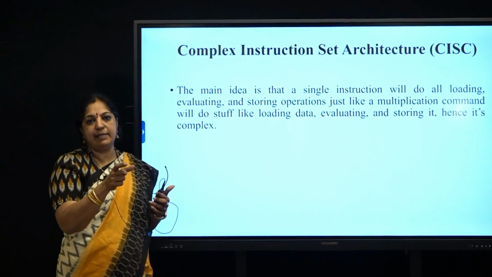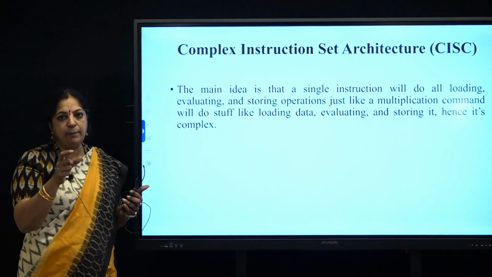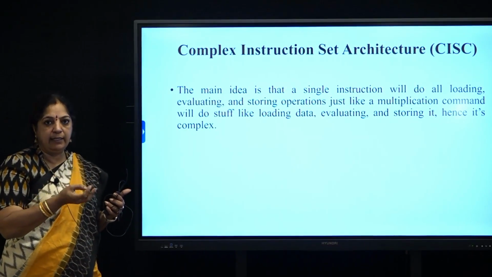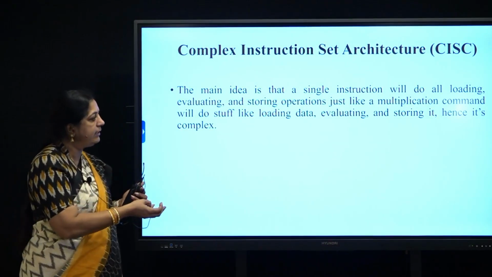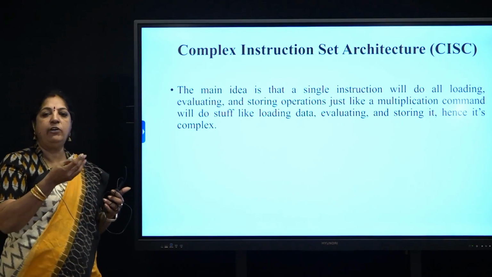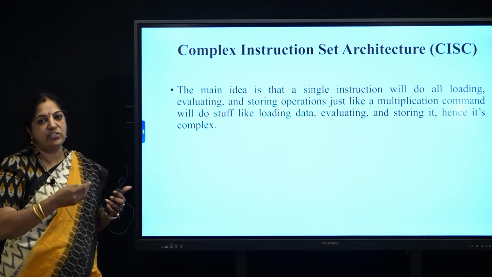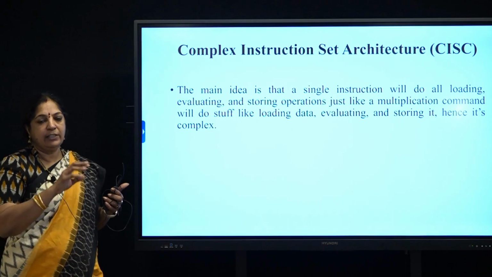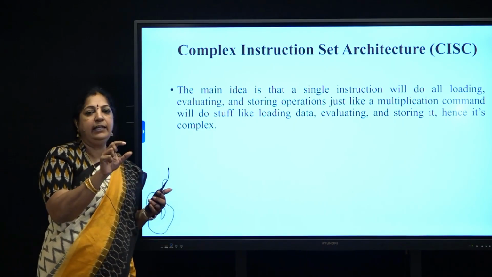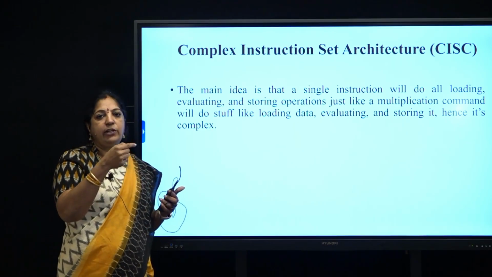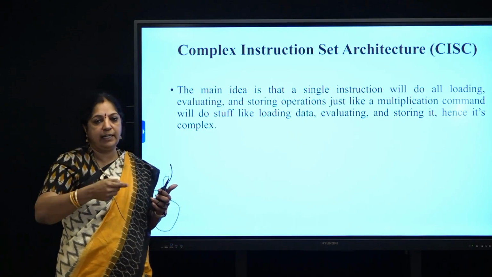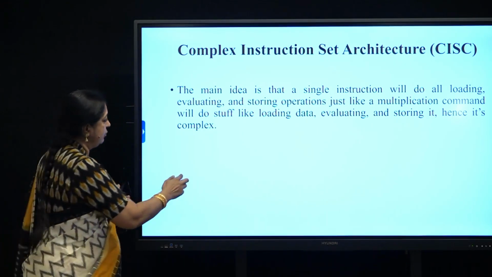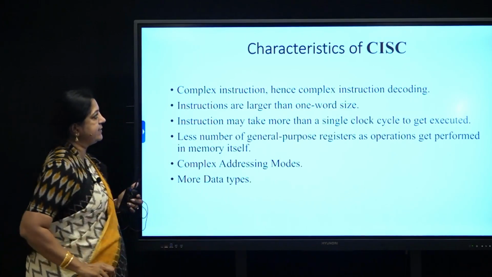Multiply is a single statement, but for multiplying we have to take the data, load the data, execute it, and store the output in some register or memory place. So though a single thing is given, when executing it is divided into pieces and has to be executed in a lengthy manner. So it is a bit complex.